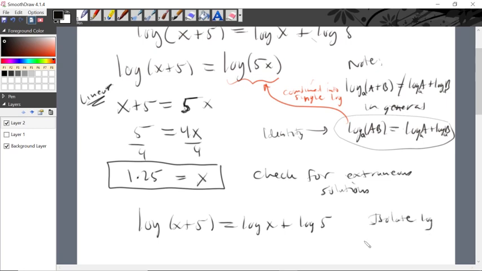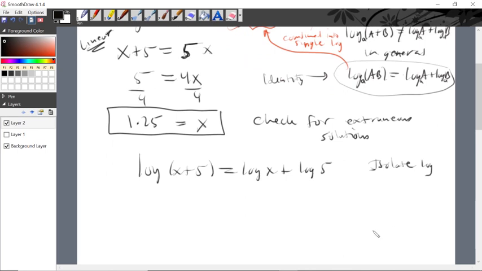But right now there are 3 logarithms in this equation, so isolating it would require that we put all the logarithms on one side to get them all grouped together. Log of x plus 5 minus the log of x minus the log of 5, and that leaves on the right-hand side just 0. Now in order to get it isolated further, we actually have to combine into a single logarithm.